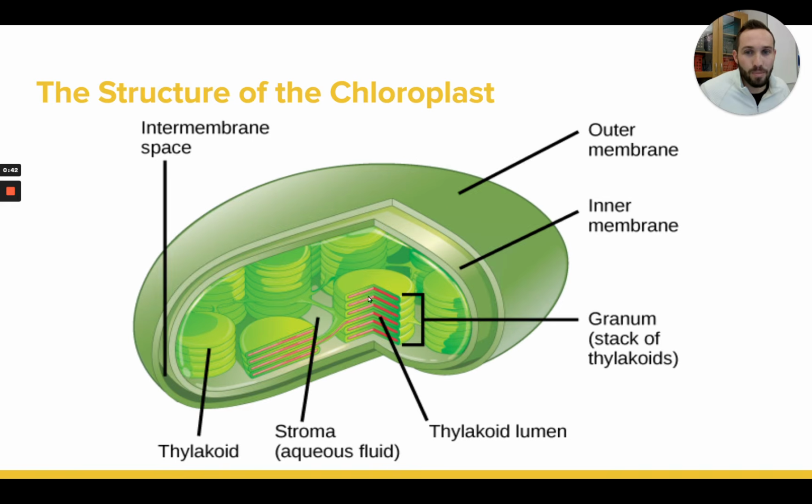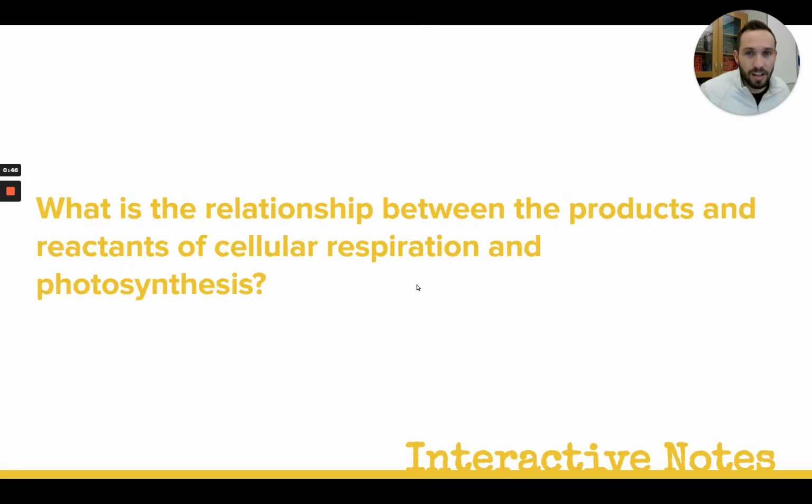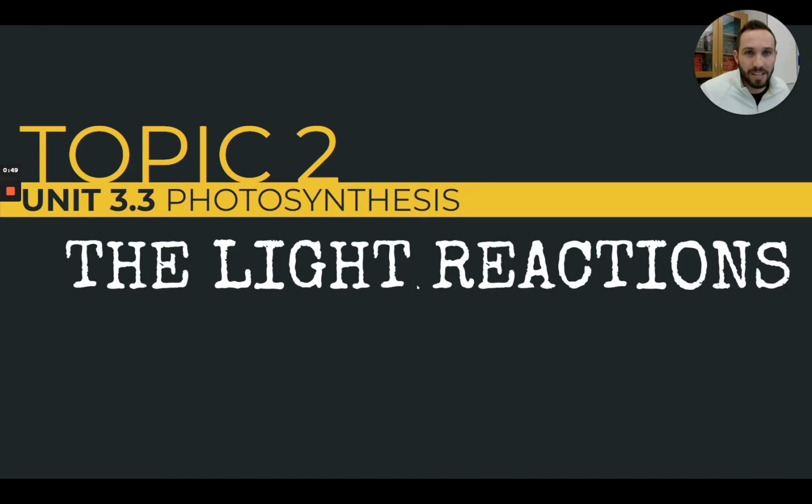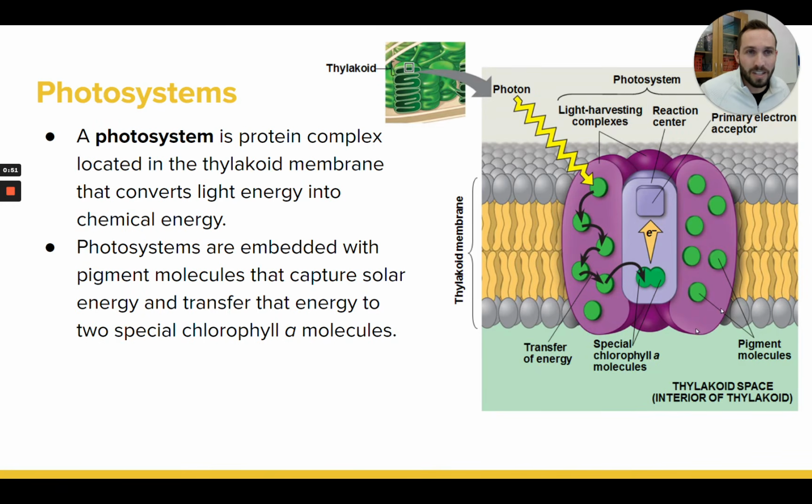Now in the thylakoid membrane, the membrane that makes these discs, you're going to see a lot of different proteins embedded in that membrane. And one type of protein embedded in that membrane are these protein complexes called photosystems. These giant protein complexes are located in the thylakoid membrane, just like this picture is showing you here.